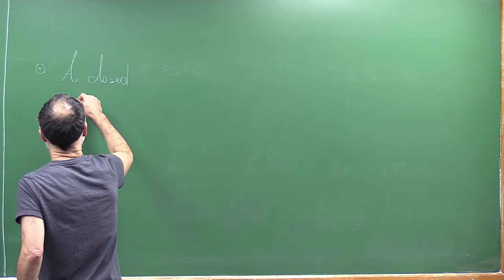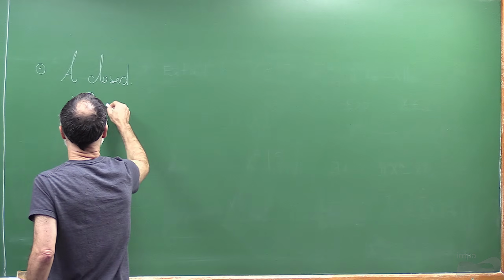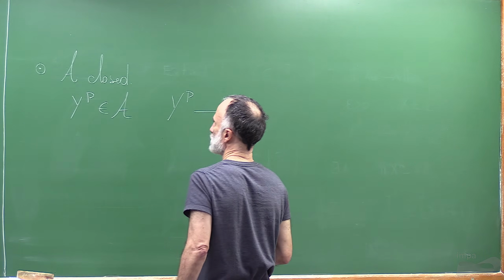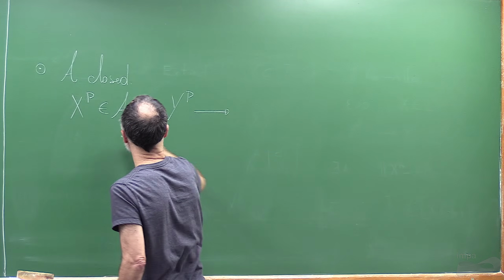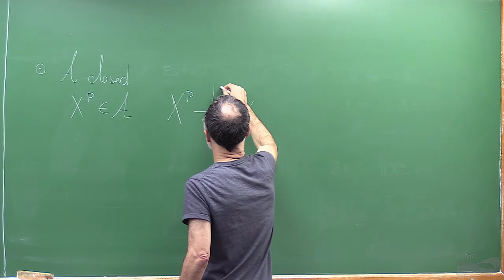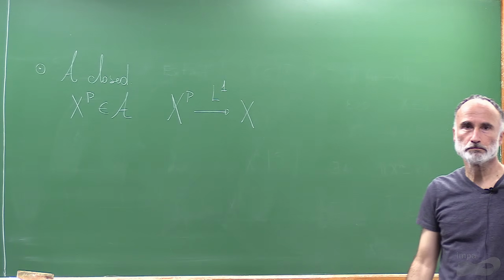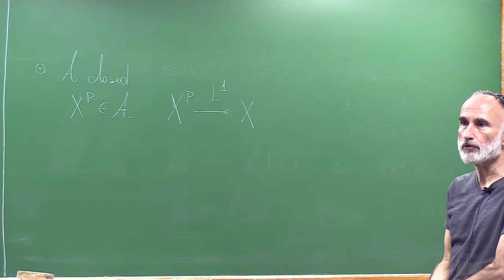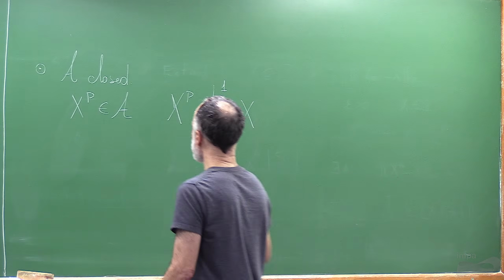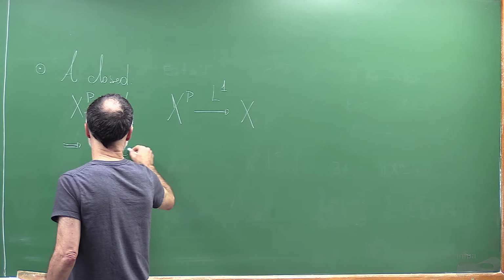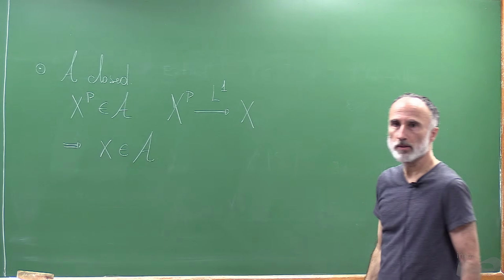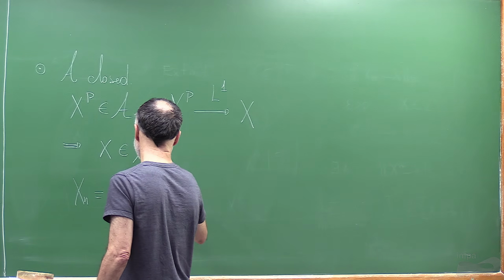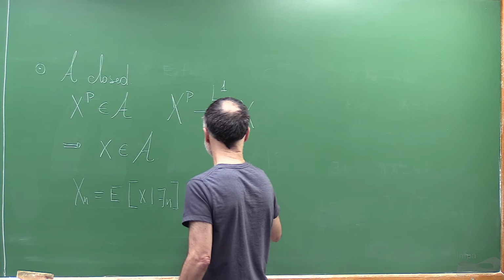So let's take a family Xp in A. I assume that this family Xp is converging to some X in L1, and what I need to prove is that X belongs to A. X belongs to A means that if I define the martingale Xn, this sequence is converging to X almost surely.